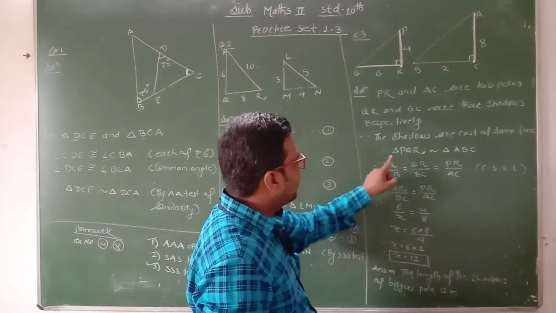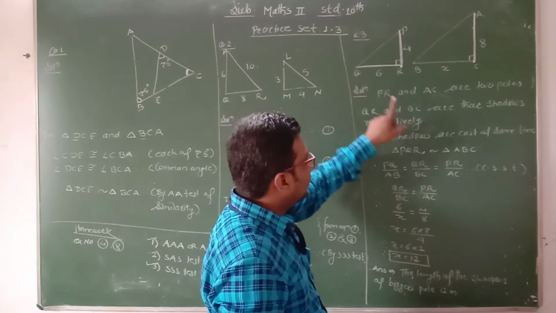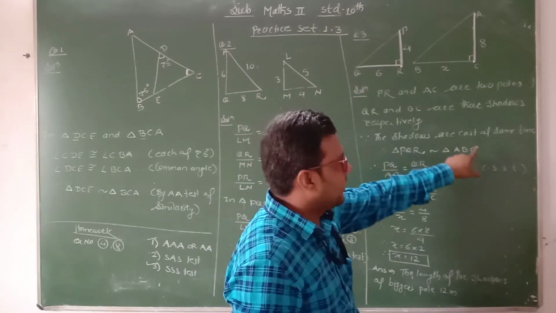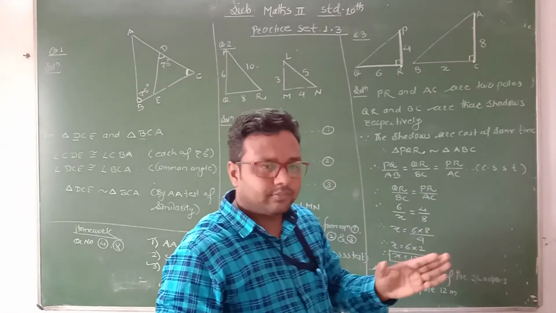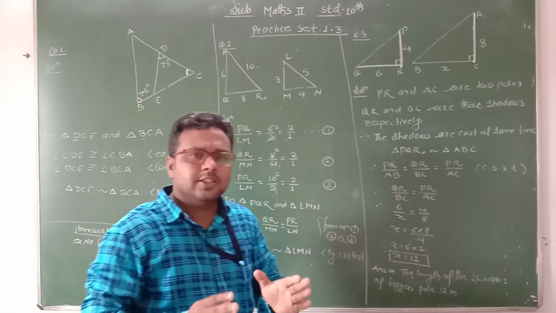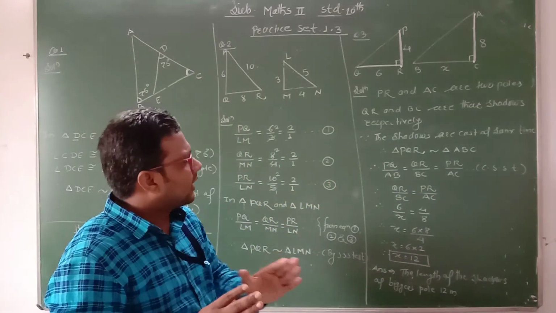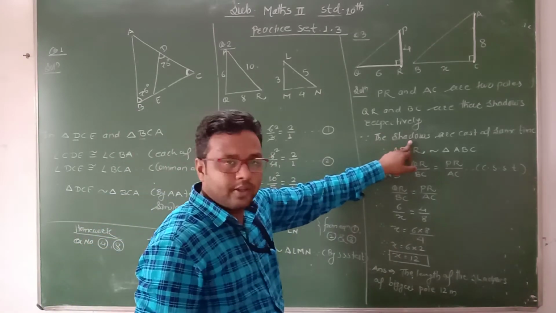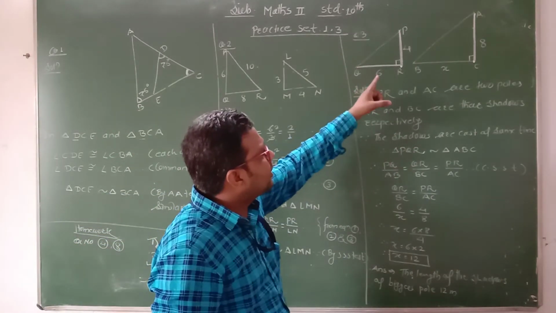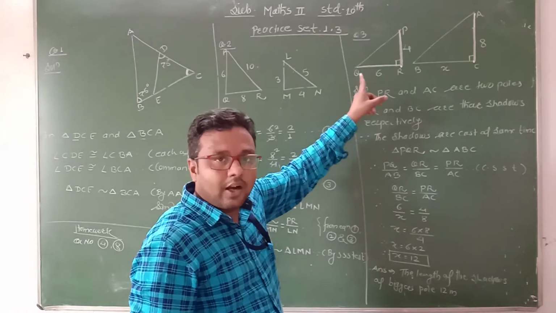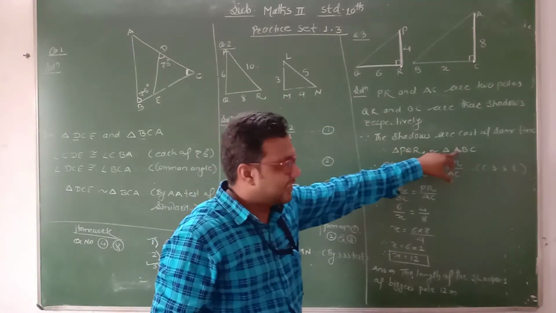Therefore here I write triangle PQR is similar to triangle ABC, because the shadows are cast at the same time.